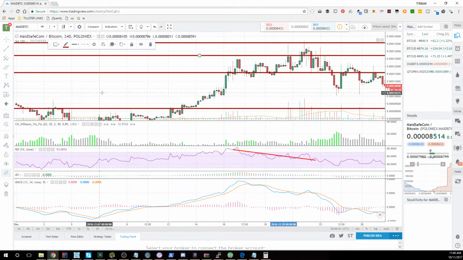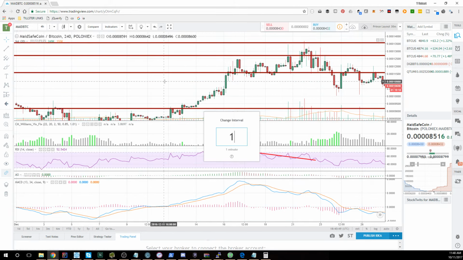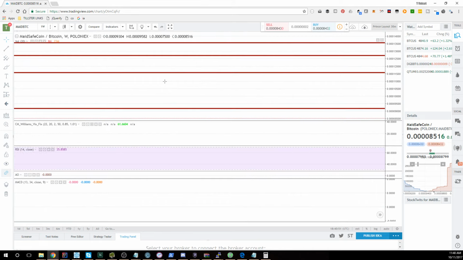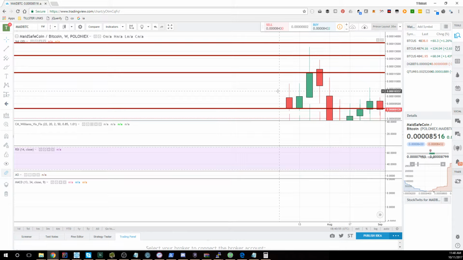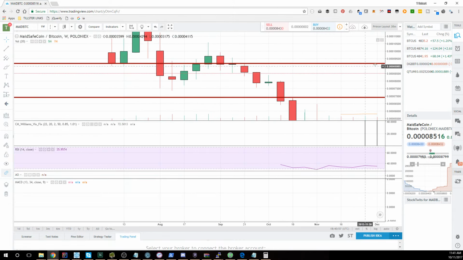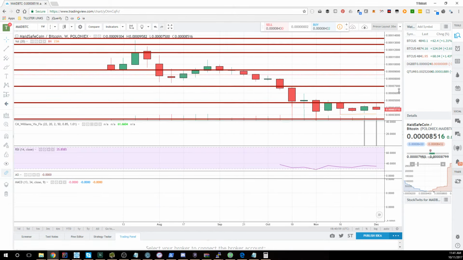Well, if you don't have automation, can you do this yourself? Of course you can do this yourself. Am I going to do it on a 1 hour time frame? No. I'm going to come here and I'm going to do it on a 1 week time frame. And suddenly this becomes a whole lot easier.